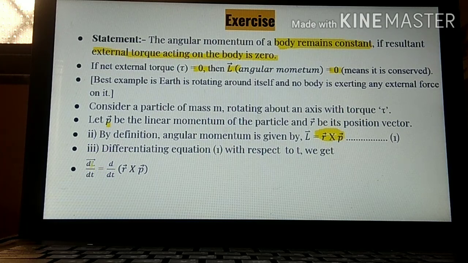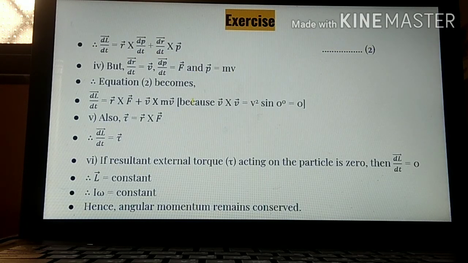So we have to differentiate: dL/dt is equal to d/dt of (r cross p). We are using the UV rule. First of all we differentiate p, so we get dp/dt, keeping the first term as it is, and in the second one we keep the second term as it is and differentiate the first term.